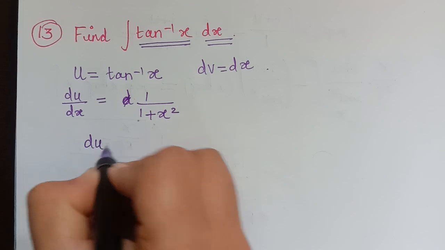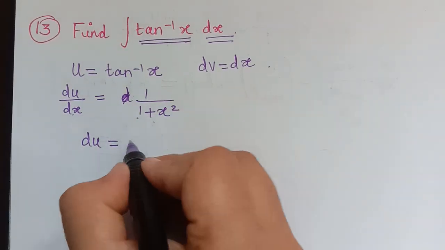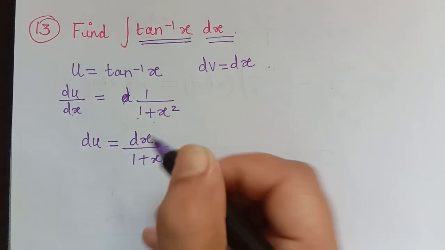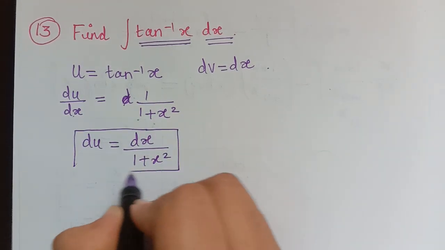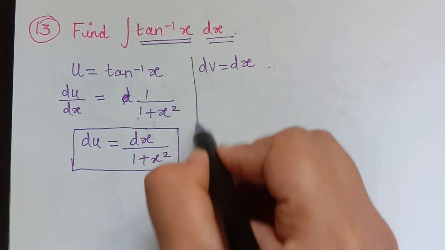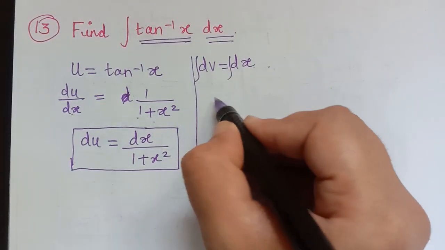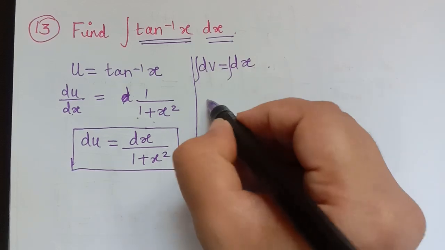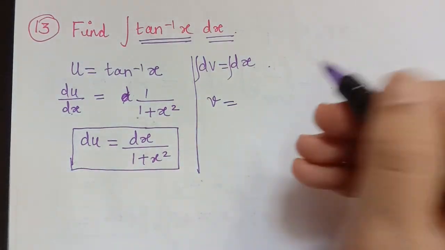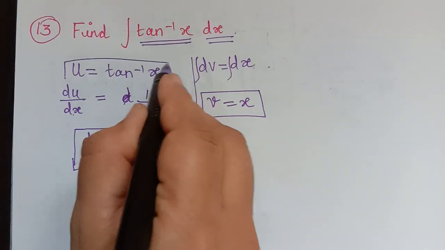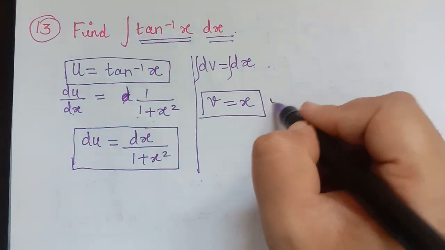So from this we get du to be equal to, taking this dx to the right, we get dx divided by 1 plus x square. So let us just mark this. Then again this we have to integrate. So when you integrate dv and dx, we get the integral of dv is v and the integral of dx is x. So we have got this, and we have after making the choice of u as this, we have obtained these two.